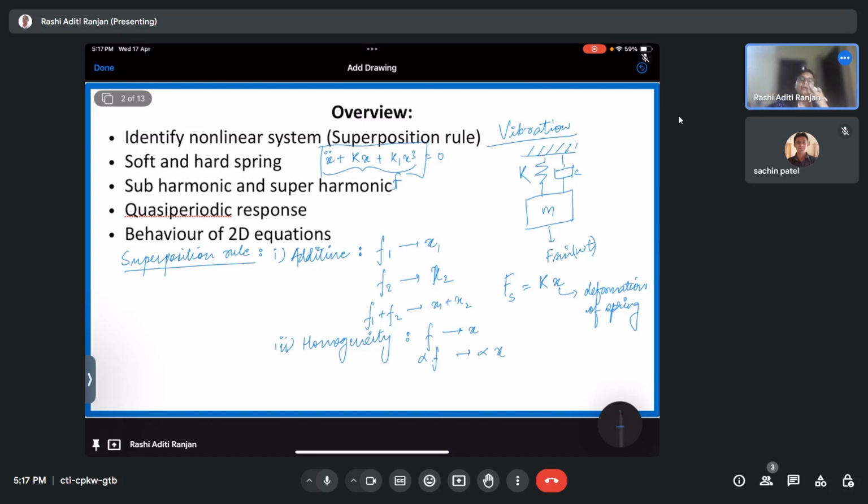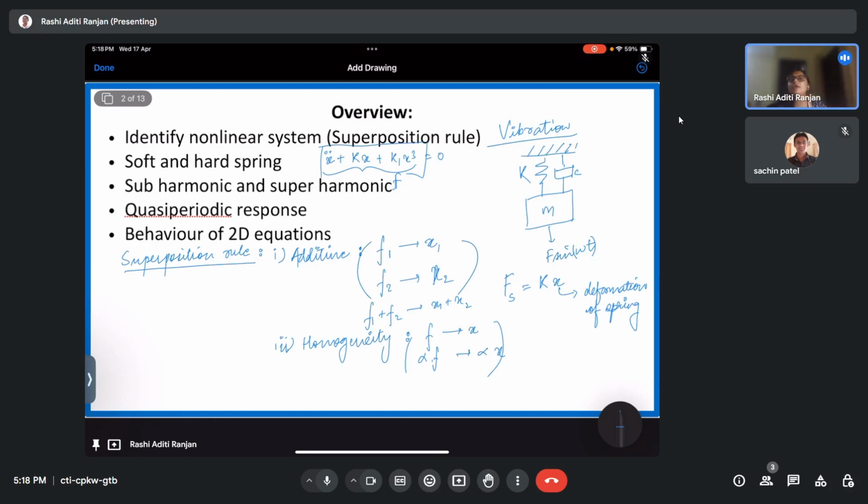This also you can do. What you have to do is replace x by alpha x, and then you can see whether your solution is equal to alpha f or not. And this will be applicable vice versa also. Since in this case my x is the input, the independent variable, I can check it with that also.